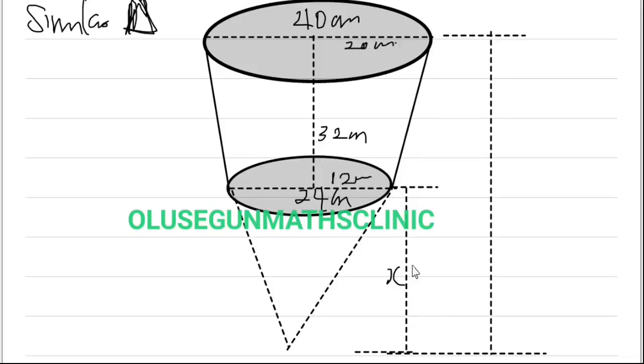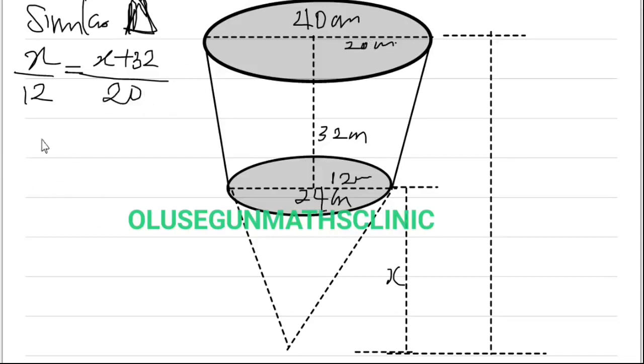So now the height over the radius: x over 12 will be equal to the total height, x plus 32, over 20. We call this the similar triangle method.